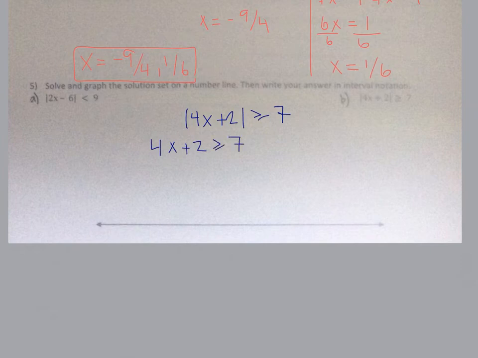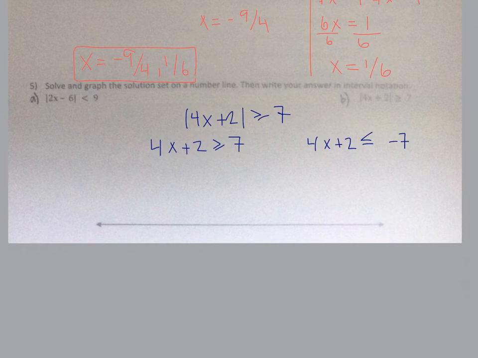You keep the first positive sign the same. And then the second one, we would have 4x plus 2, and then you want to multiply that 7 by a negative 1 because absolute value can be positive 7 or negative 7. But because I put a negative on that 7, you must flip the direction of the inequality sign.